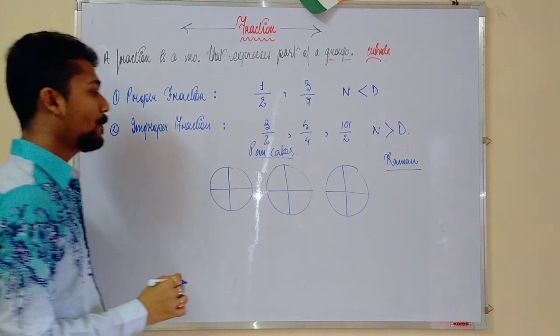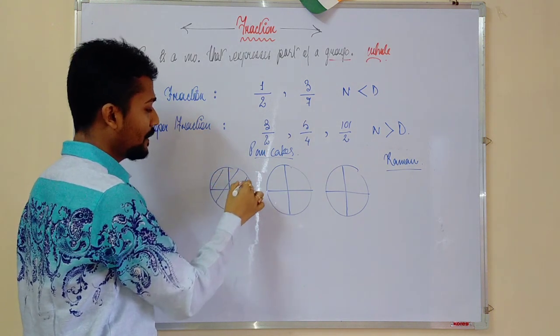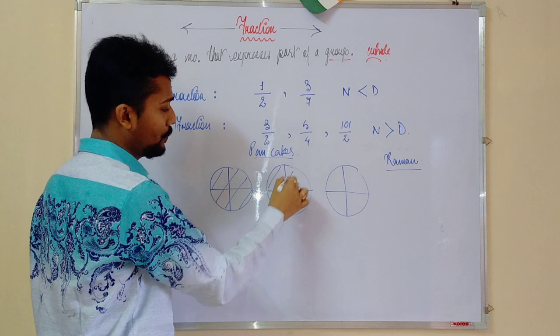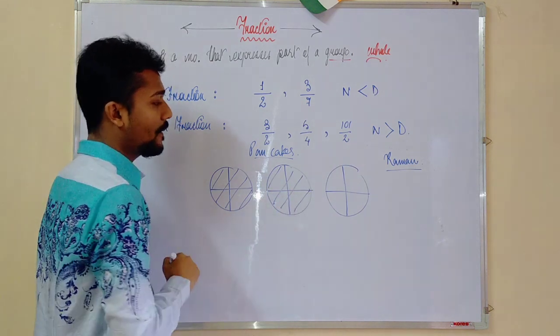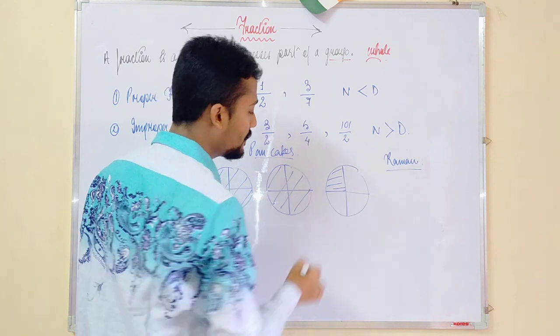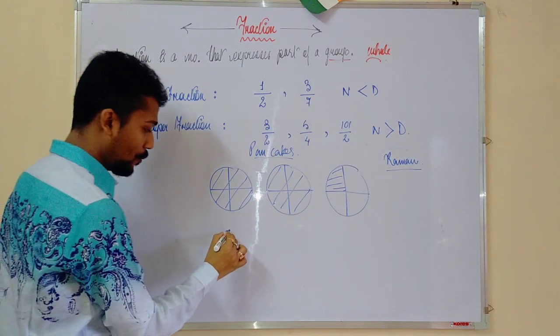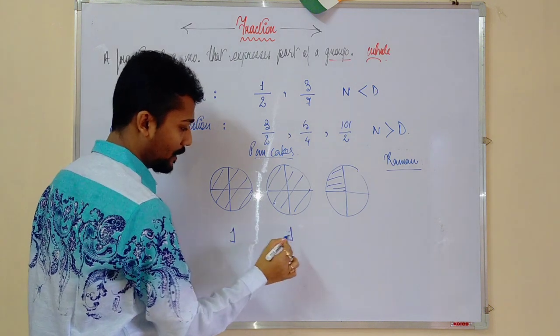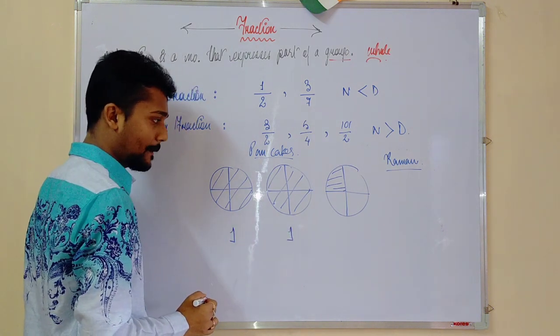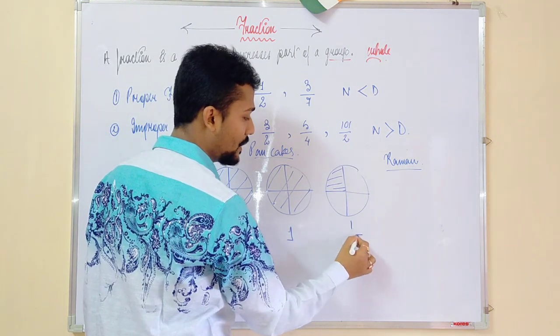Out of the 3, he has completely eaten up the first 2, and the third one he was trying to eat but he could not eat it fully. Out of the 4 parts he has taken 1. That means 1 plus 1, 2 complete parts he has taken, and from the third he has taken only 1 out of 4.